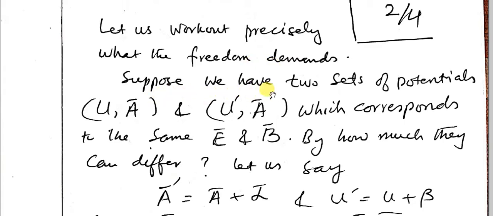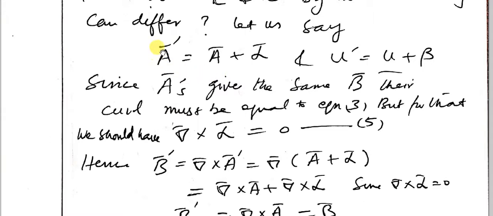So let us work out precisely what the freedom demands. Suppose we have 2 sets of potentials, U comma A, and U prime comma A prime, which correspond to the same E and B. By how much can they differ? Let us say A prime differs from the original A by a vector alpha.